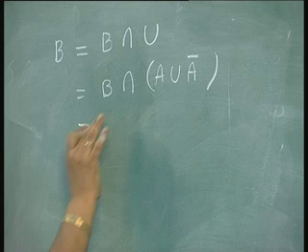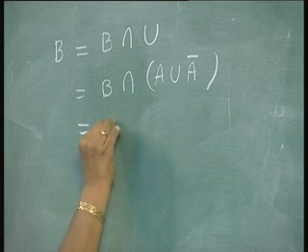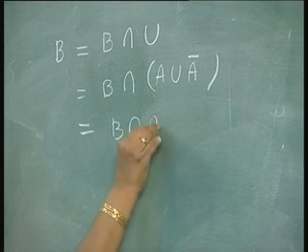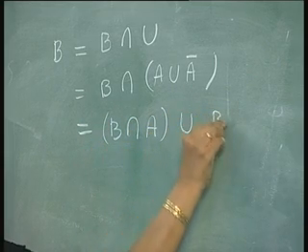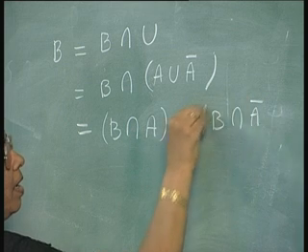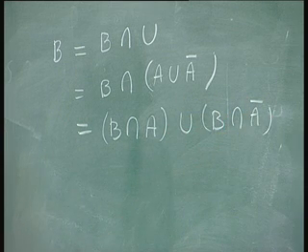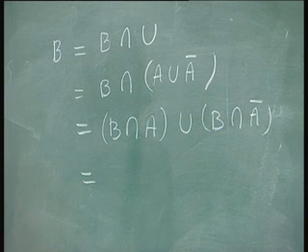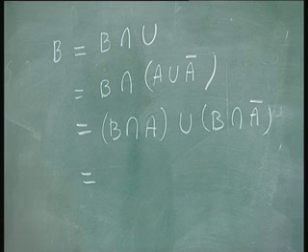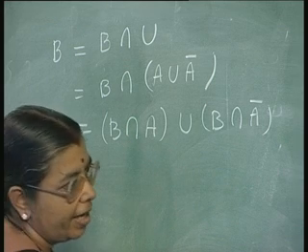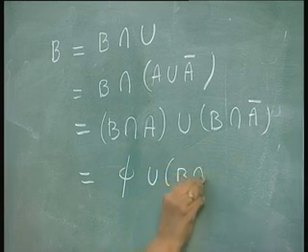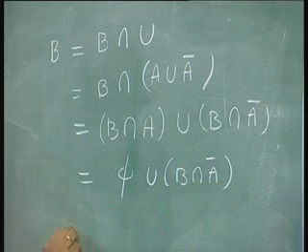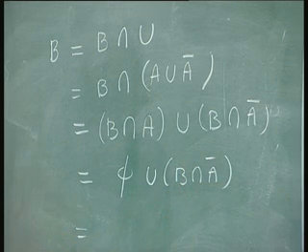Now, using distributive law, this is B intersection A union B intersection A bar. And what is B intersection A? That is empty. We know that A intersection B is empty. So, this is empty set union B intersection A bar.